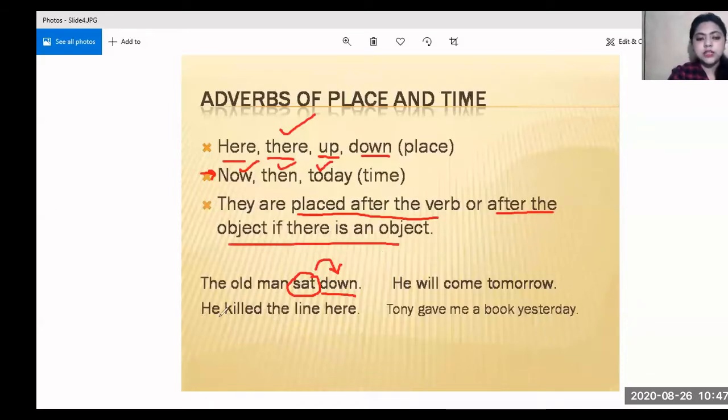He is the subject, killed is the verb, lion is the object. Here this word is the adverb, so we are placing it after the object. Now these two examples dealt with adverbs of place. Now let us come to adverbs of time.